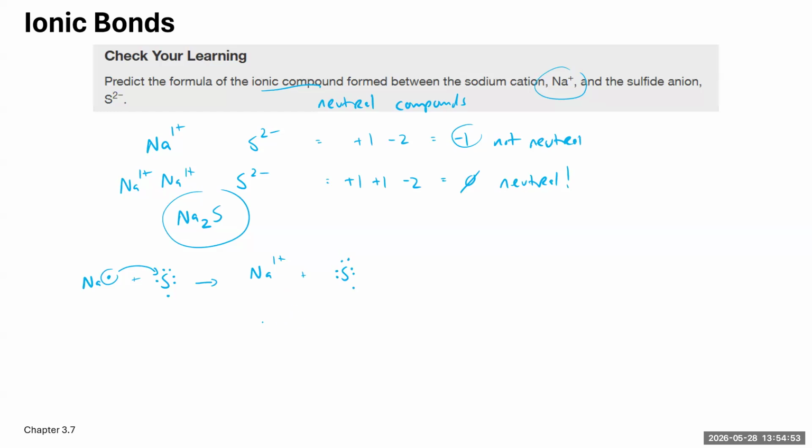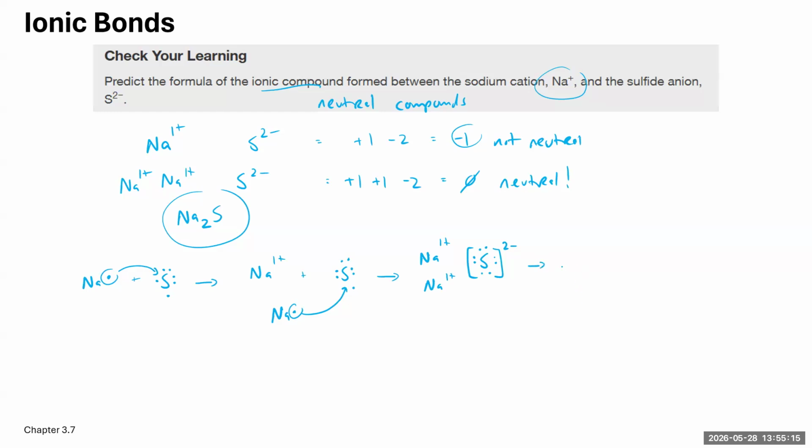It doesn't have 8. So another sodium is around. It could take another electron from sodium. So that now becomes Na1 plus, Na1 plus. This is sulfur with now 8 electrons. And that's now a 2 minus.